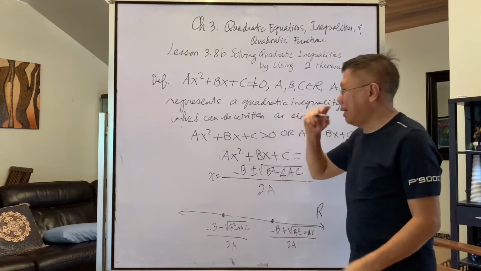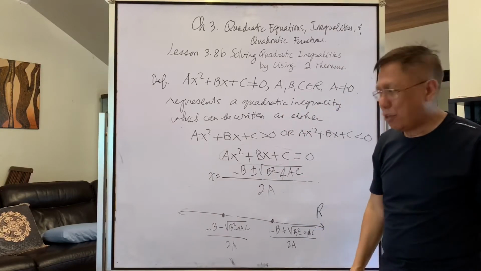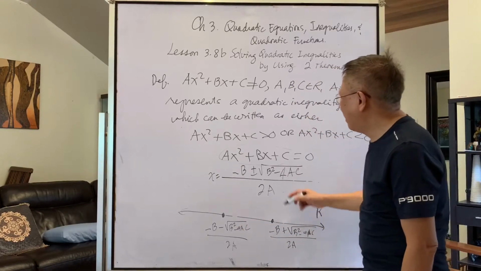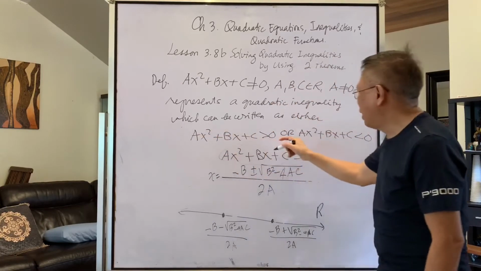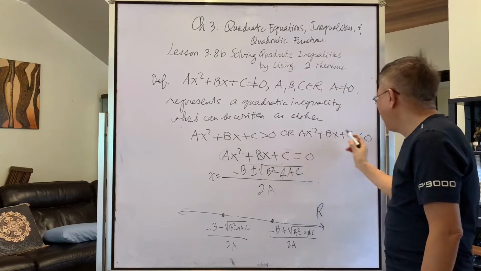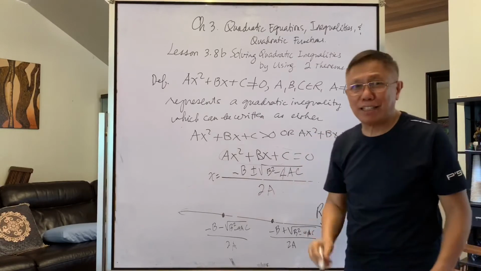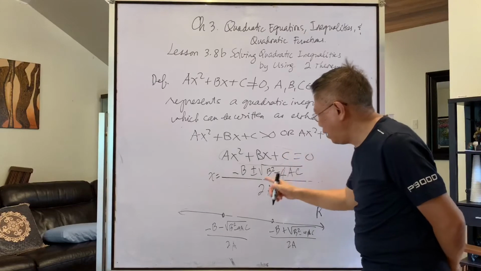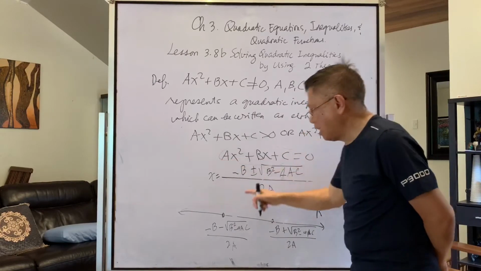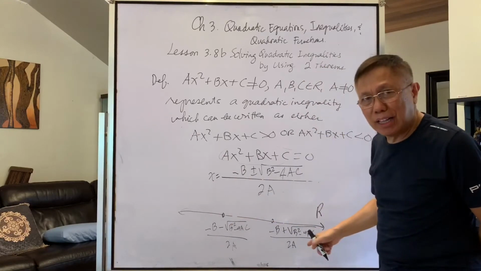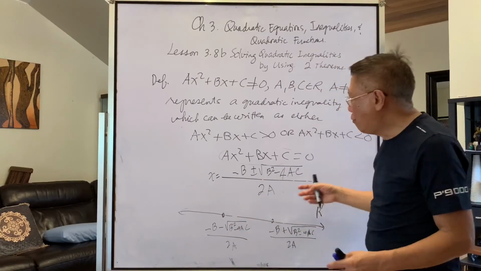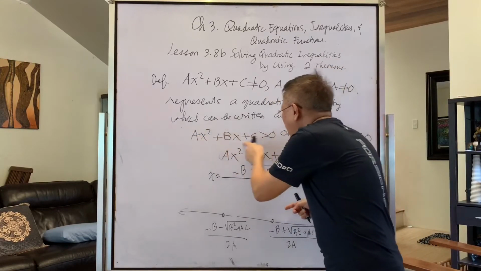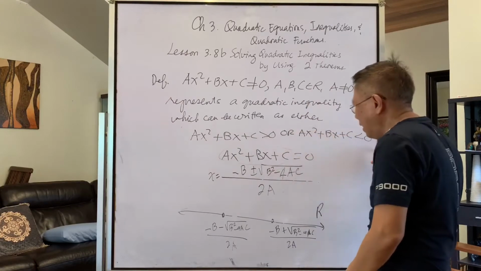Our objective for this lesson will be to find out what will be the numbers that will make this expression be greater than 0 or this expression be less than 0. Clearly, I am demonstrating the roots of this equation as real and unequal. Our interest now is to find the values of x that will satisfy this inequality or this inequality.